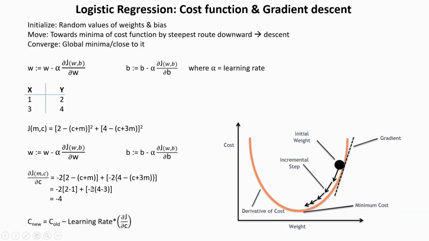So essentially, from this expression, I want you to predict where my old C was and where my new C is. Considering that my partial derivative with respect to C came out to be minus 4, where over here, towards the left or right, could this old C be?